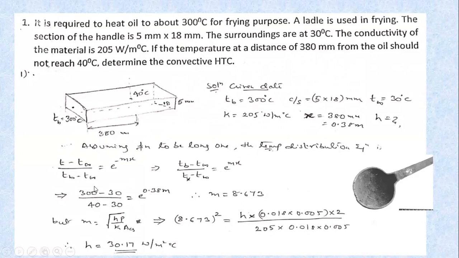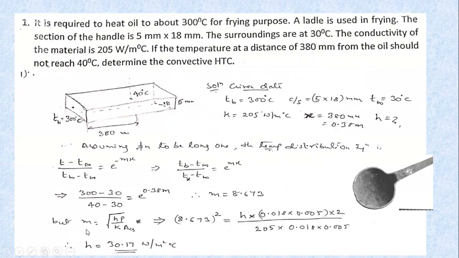So (300 minus 30) divided by (40 minus 30) should be equal to e power of m, the m value we do not know, multiplied by the distance x. What is the distance x? It is 380 mm. So in terms of meters, writing it as 0.38 meters. So if we simplify this expression, we get the value of m.